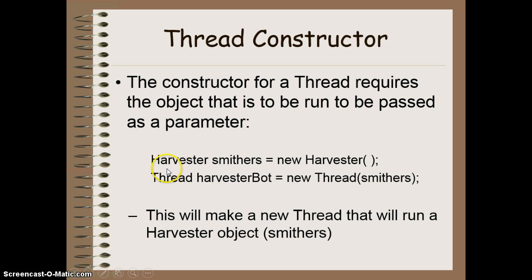That thread constructor here, which I'm going to call harvestBot, is going to be a new thread, and it requires the object that is going to run when my thread starts. And this object in this case is going to be a harvester object. So this harvester object will run on its own. This will make the new thread that will run a harvester object called Smithers.